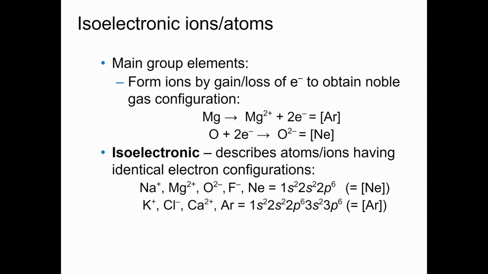So then we have isoelectronic ions and atoms. So the main group elements form ions by gain or loss of electrons to obtain noble gas configuration. So magnesium is in our second row, so it loses 2 electrons, so it looks like argon. Oxygen gains 2 electrons, so it looks like neon. Isoelectronic describes atoms or ions having identical electron configurations.